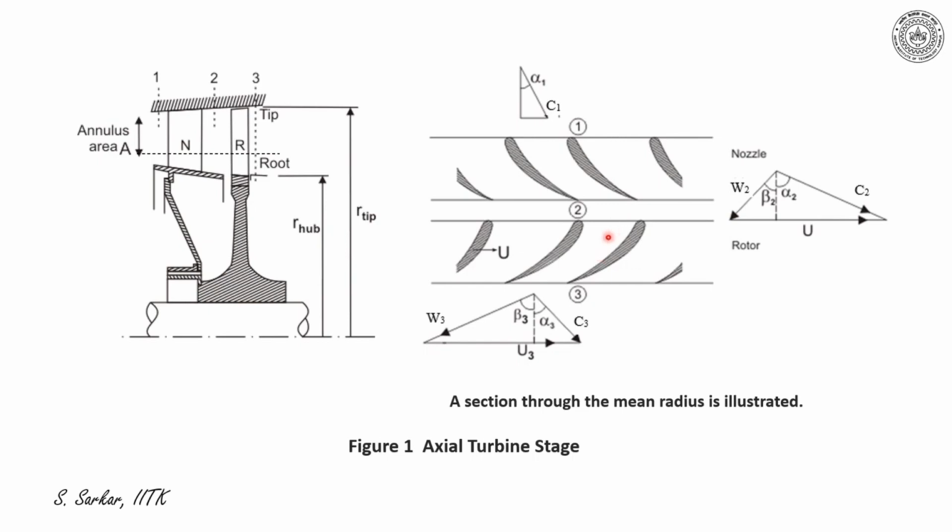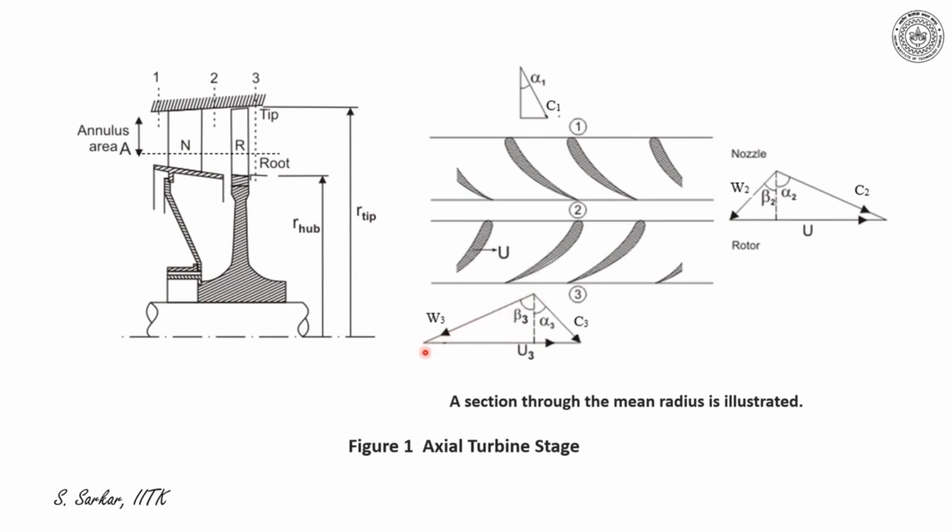Now, pressure drop through the rotor may occur also, and therefore I have shown here W3 is higher than W2. So, W3 makes an angle beta 3 with the z-axis.